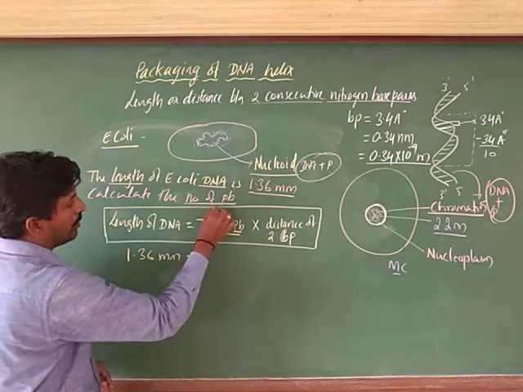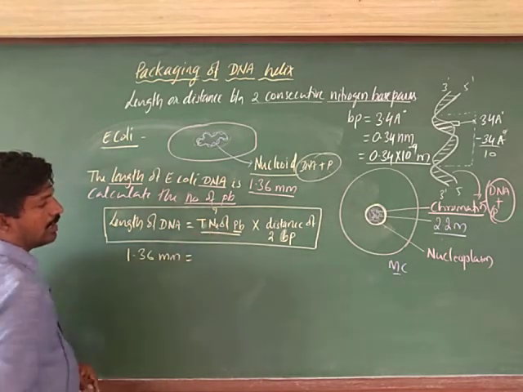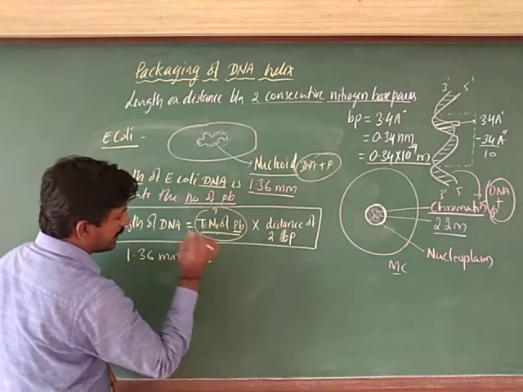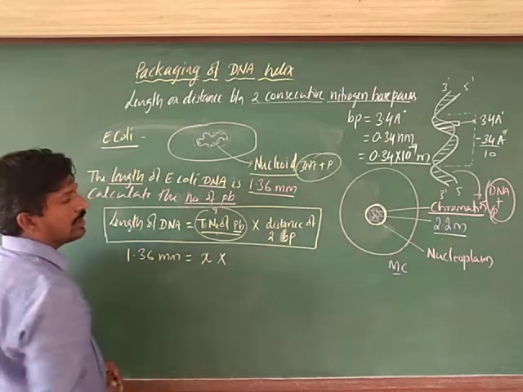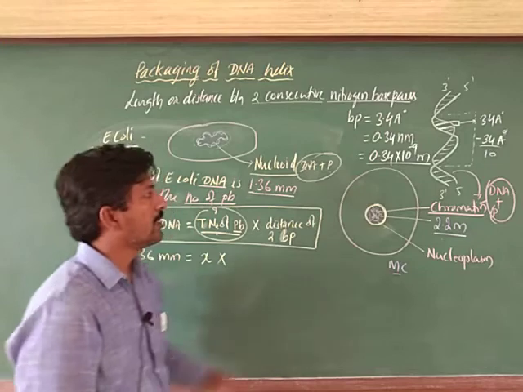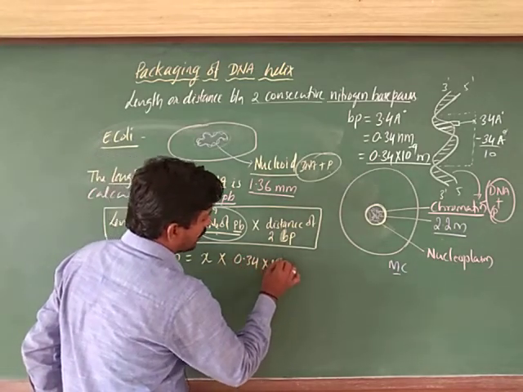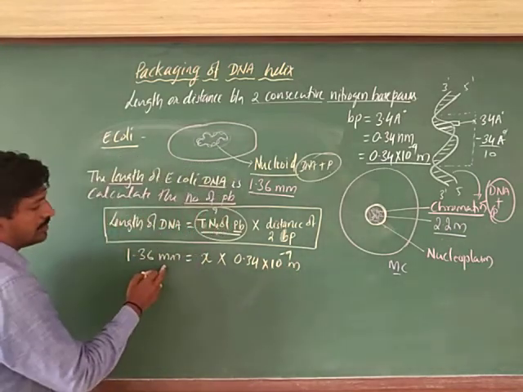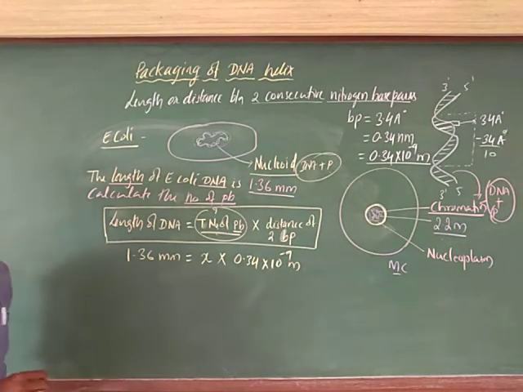We do not know the total number of base pairs, so we have to calculate it. We take it as x, multiplied by the distance of two base pairs. For B form DNA, we consider this length as 0.34 into 10 raised to minus 9 meter. It is in meter and the other is in mm, so you can convert it.